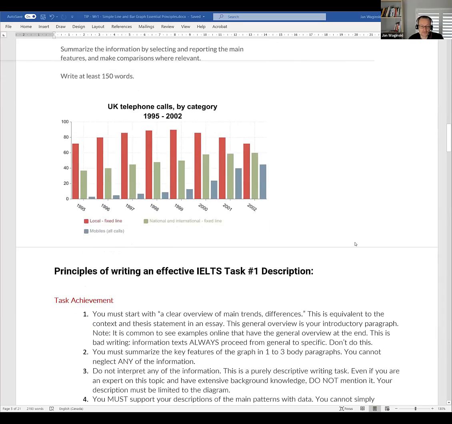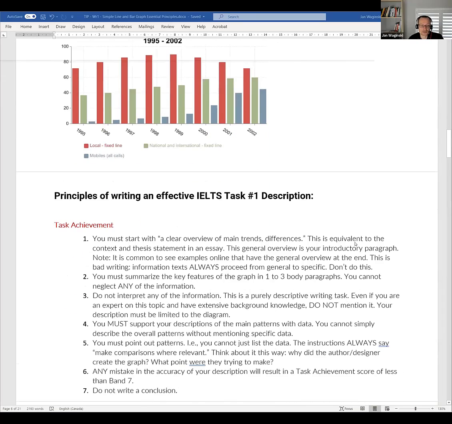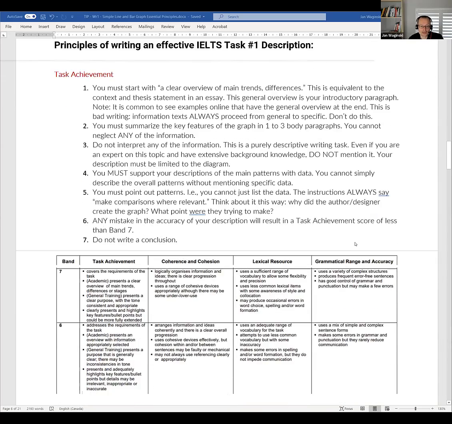So the principles of writing an effective IELTS Task 1 description, and we'll go through the rubric. The rubric is this grid here, which they use for marking your work. So task achievement refers to the overall quality of your response, whether you cover all the information in the graph, and whether you provide a general overview.